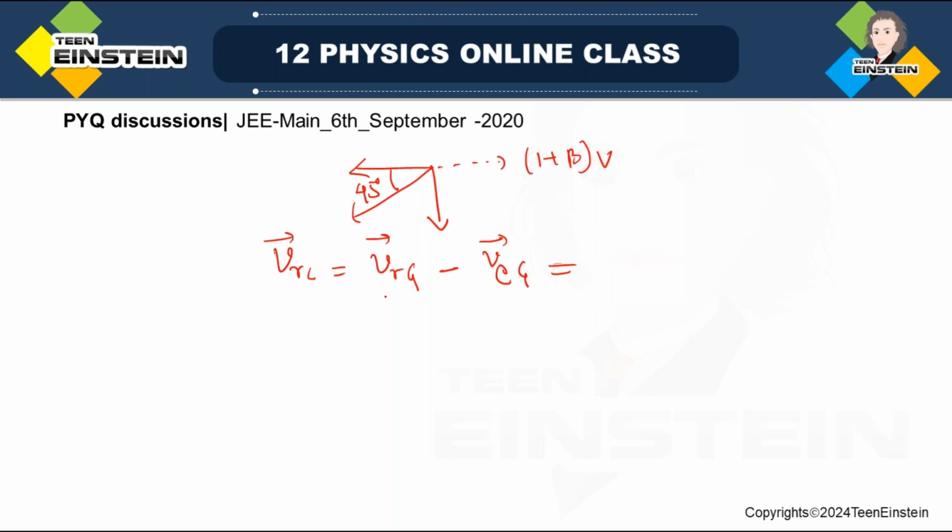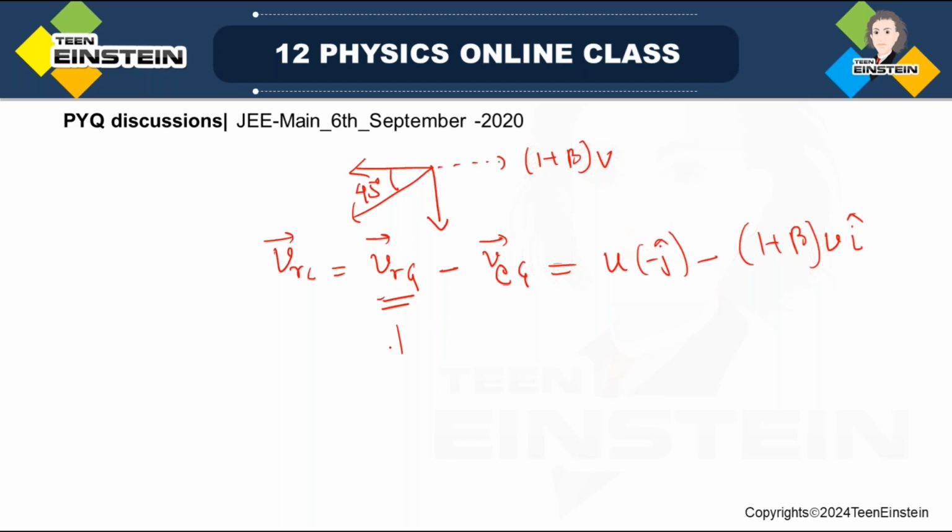This one we have taken as u, along the minus j cap direction, and this is along the positive x direction.